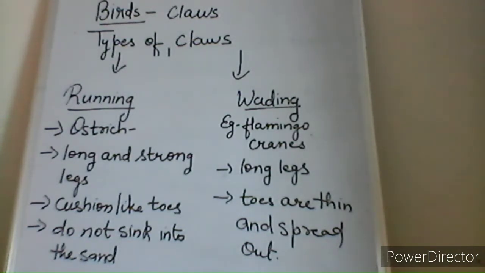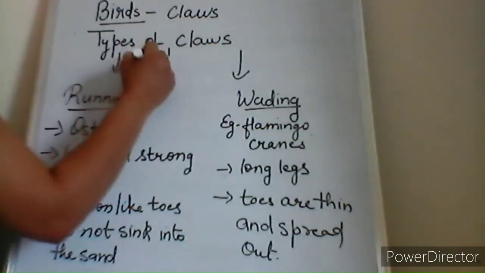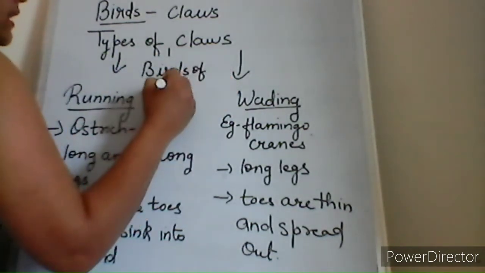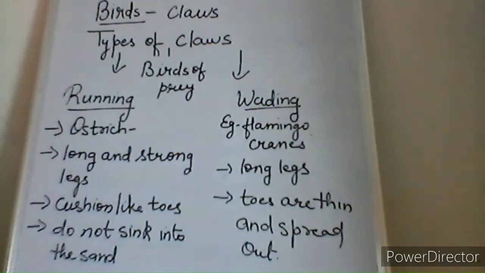Apart from this, we also have birds of prey. Birds of prey catch their prey, like hawks, owls and eagles. They eat flesh.